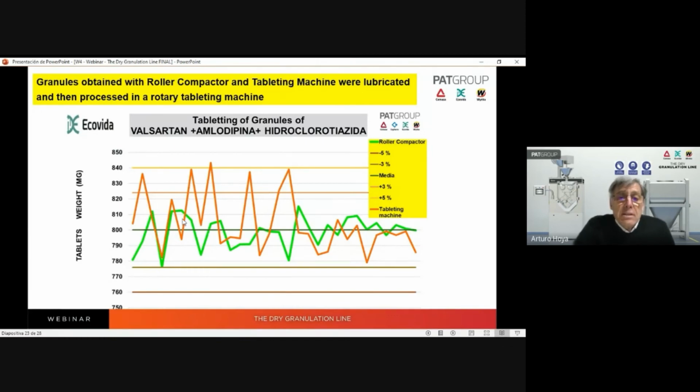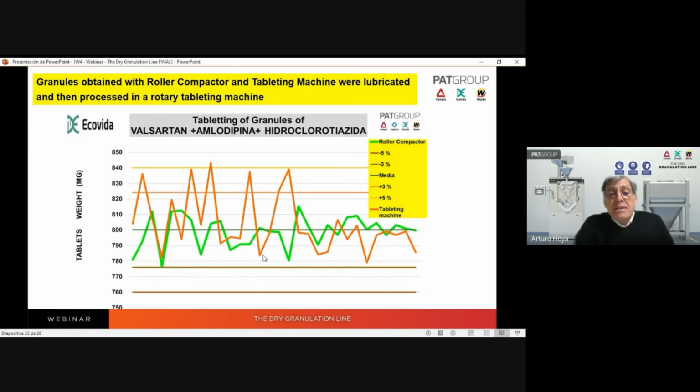The roller variation is limited to the normal weight. Why? Because of the good flowability. And in the case of the tablet machine, the slugging, the variations are very big. And this is due to the high percentage of fines.